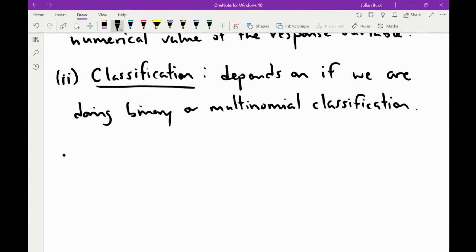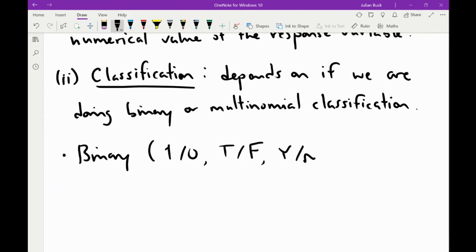For binary, when we're outputting ones and zeros, or trues and falses, yeses and nos, you only need one output node.